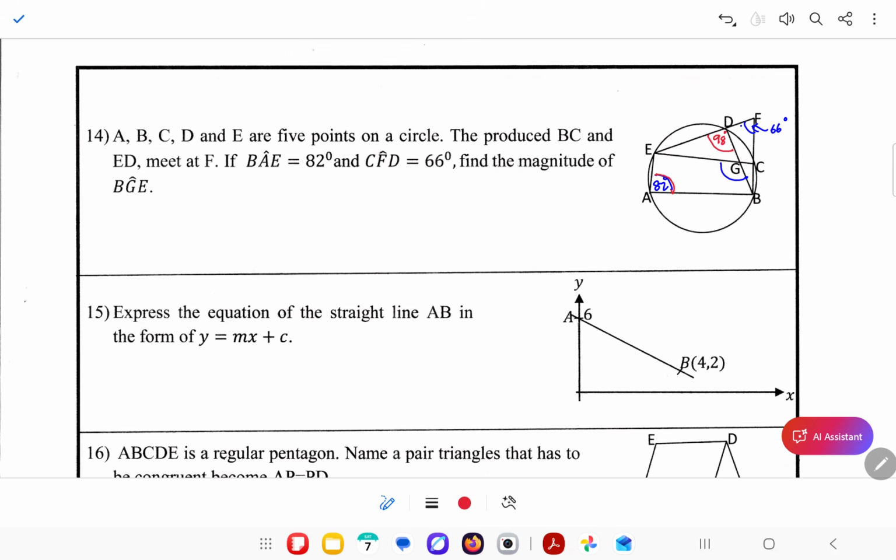A, E, D, B is a cyclic quadrilateral. Therefore, BDE has to be 98 degrees because opposite angles add up to 180. Right.